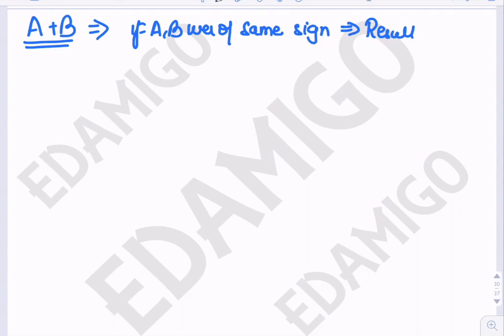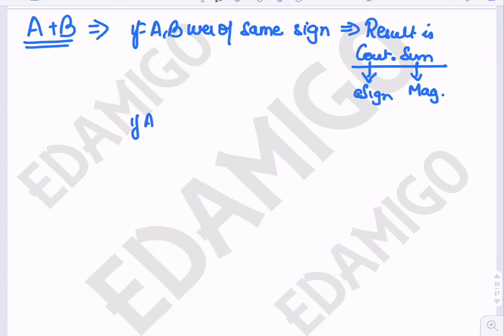Now, we will use the relationship that we have seen in addition, that when we were performing A plus B, if A and B were of the same sign, then the result is Cout with some bits, where Cout acts as a sign bit and the other bits act as magnitude.